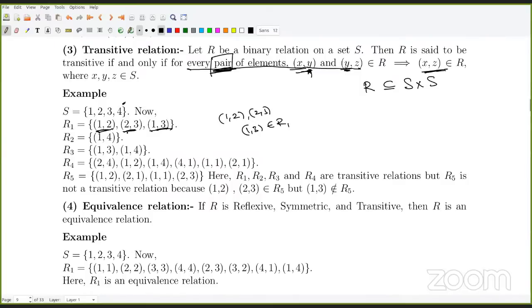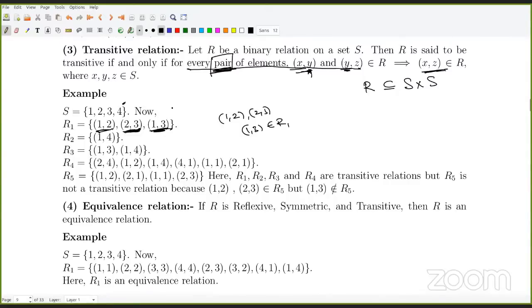Now take (2,3). (2,3) as the first pair. If you take (2,3), just check for any other element which starts with 3. There is no other element which starts with 3. So with respect to this element also it is transitive. Now just take the last element (1,3).